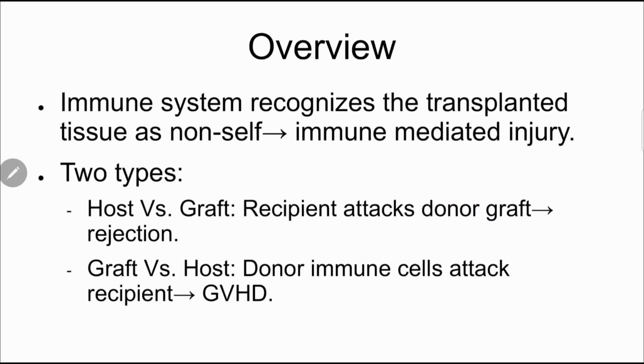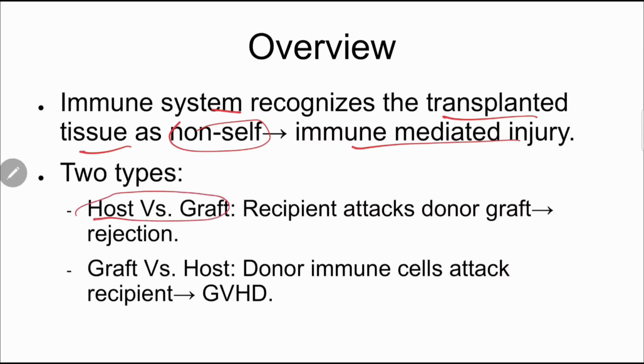It is when the immune system recognizes the transplanted tissue as non-self that leads to immune mediated injury. Whenever the recipient cannot recognize a tissue or the organ as its own, that leads to an immune mediated reaction, right?